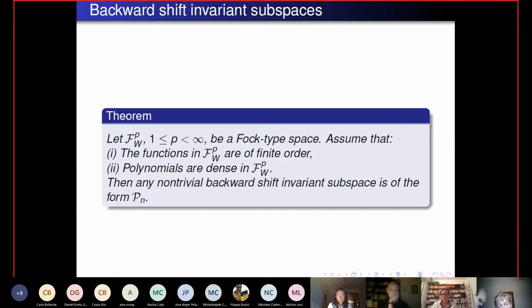They grow like e to the constant times |z| to some power. And the same conclusion holds, namely any non-trivial invariant subspace is P_n. So there are very few of them. And let me just give some ideas how you could prove such a theorem.